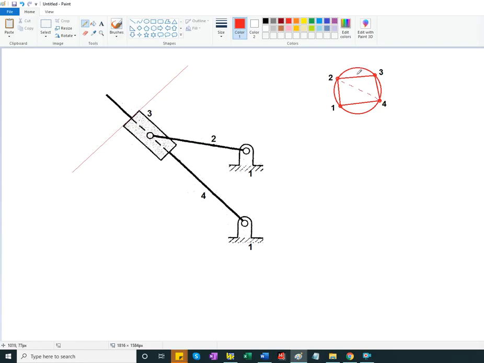I need to operate with the Kennedy line 2, 3. Let me pause again and label these as I, 1, 2, I, and so forth. Okay, so now I have the instant centers labeled, and we said that we're going to find first instant center between 2 and 4. So let's draw the Kennedy line. I'm going to use different color. Kennedy line 2, 3, and 3, 4.